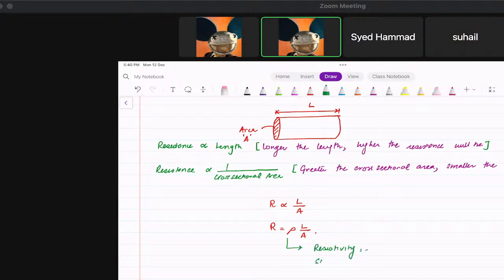So SI units of resistivity are ohm meters. You should remember it is a unique value for each material, and of course it is a scalar quantity.